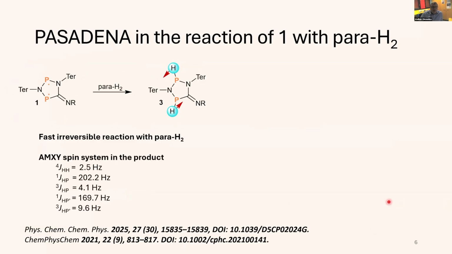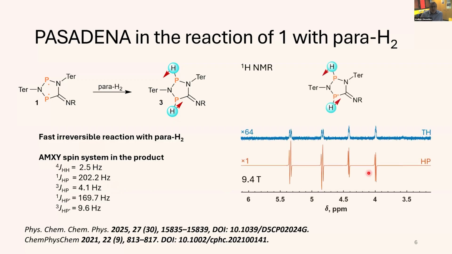For this compound, the resulting hyperpolarized hydrogen adduct 3 forms an AMXY spin system, where all spins, I'm talking about hydrogen, phosphorus, phosphorus, hydrogen, are weakly coupled. Its PASADENA spectrum shows two sets of antiphase signals from two parahydrogen-derived hydrogens due to coupling with the phosphorus-31 nuclei.